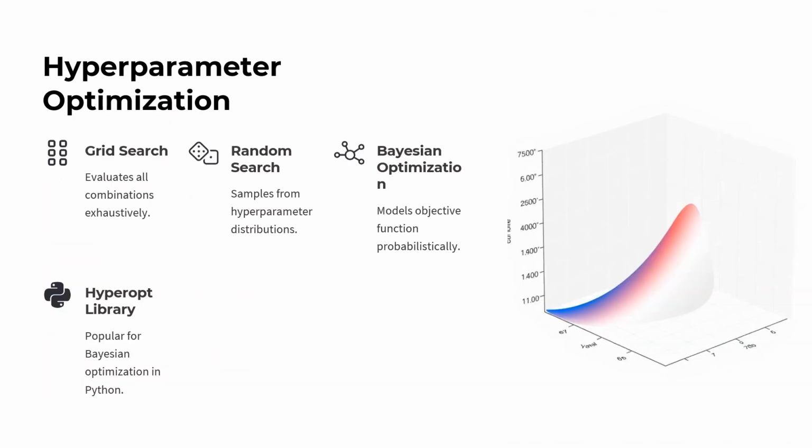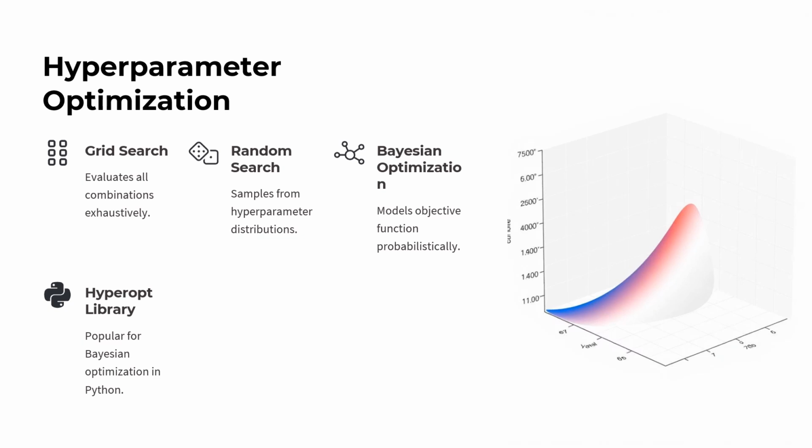Now let's talk about hyperparameter optimization, the art of fine-tuning models for top performance. The simplest method is grid search, which checks all combinations, but it's slow. A better approach can be random search, which saves time by sampling randomly.